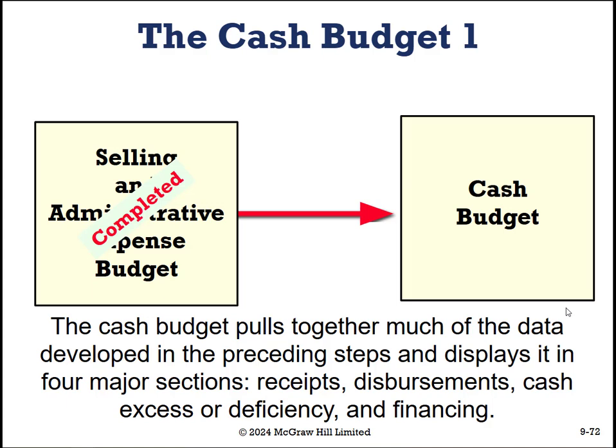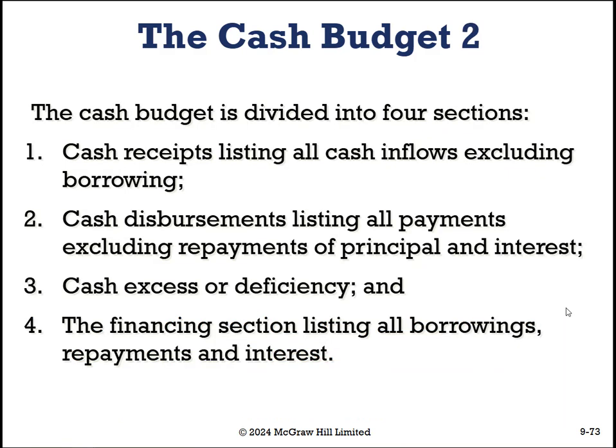Deficiency. And if required, financing. So again, we are going to take into account all of our cash receipts, all of our disbursements, and determine whether or not we have more or less cash on hand. Do we have a deficiency? And then how are we going to manage our financing, including repayments and interest charges?